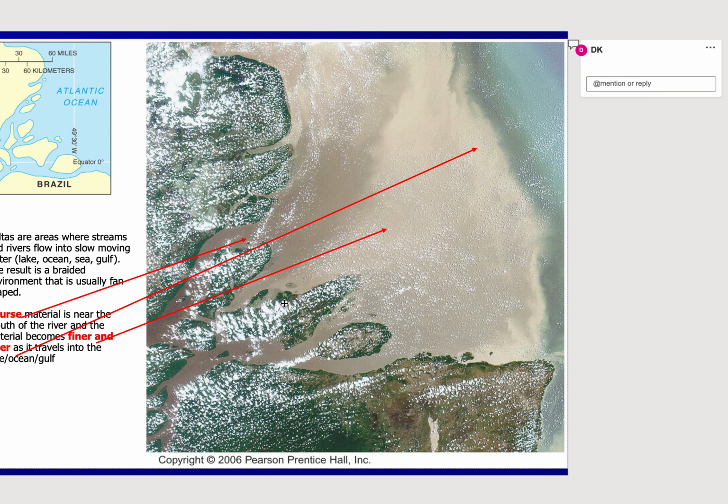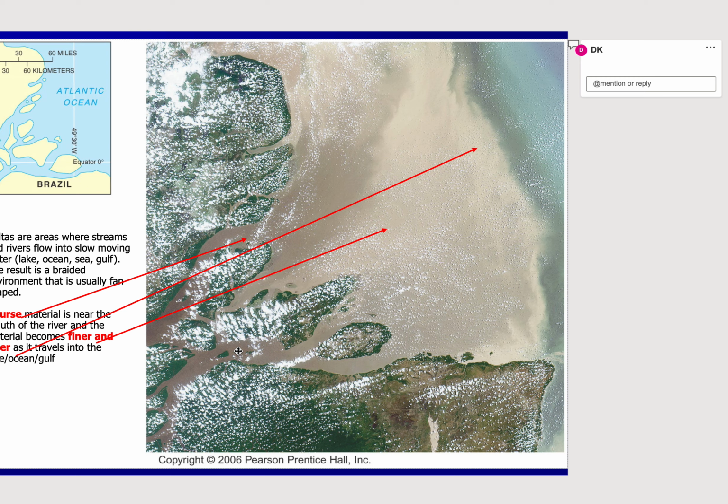Now, this Atlantic Ocean is this blue-green color out here. All of this taupey sandy color is the suspended load and the bed load that is still being transported out into this river. So out here where the channel is still moving quite fast, we're moving everything.